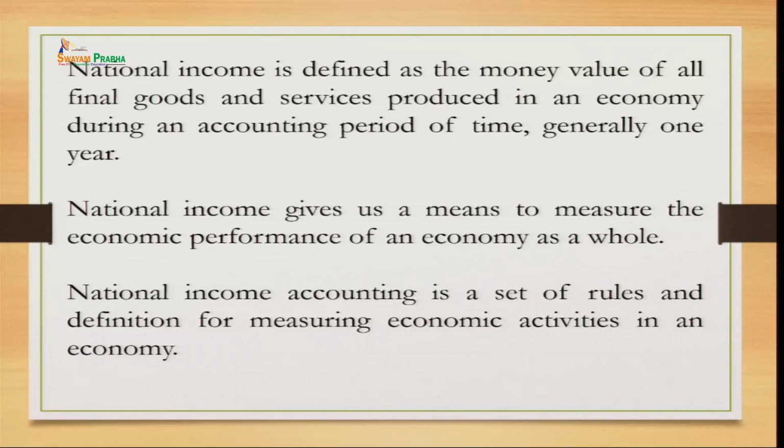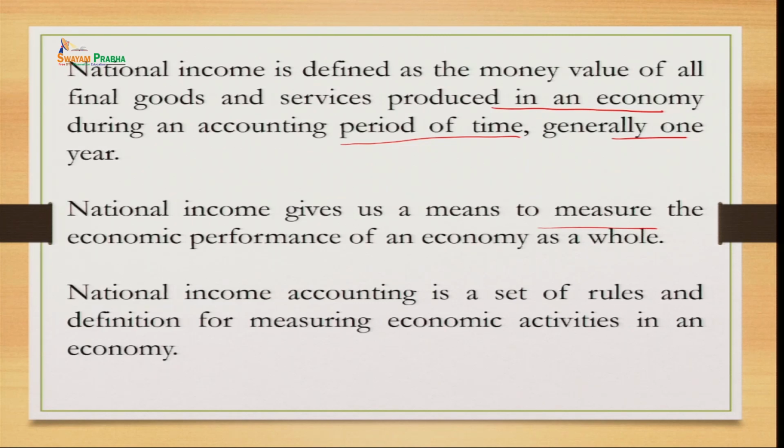In a general way, we can say that national income is defined as the money value of all the final goods and services produced in an economy during an accounting period of time, and that usually is 1 year, right. After every year we calculate this national income. National income gives us the measure of economic performance of the economy as a whole, right. Why do we calculate it?